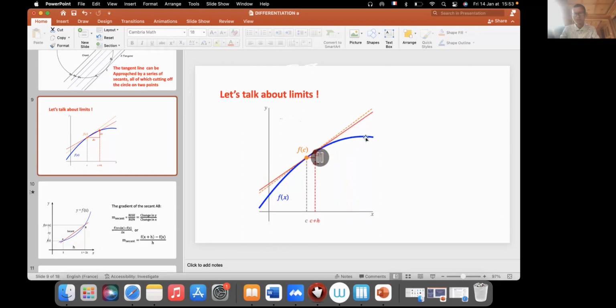For example, he picked a point c plus delta x, f of c plus delta x. Here, delta x means the change of the x coordinate, right? And he connects the two points, c, f of c, and this point, and he gets a secant line, right?